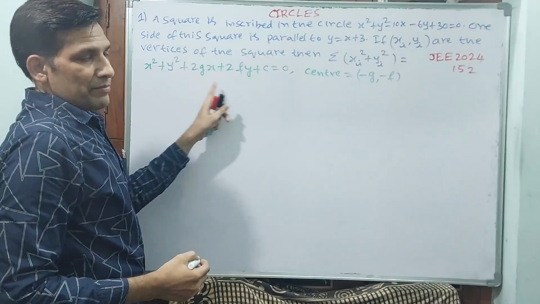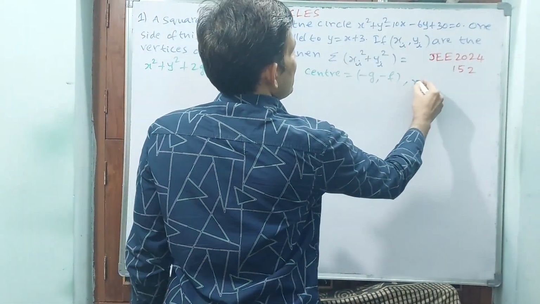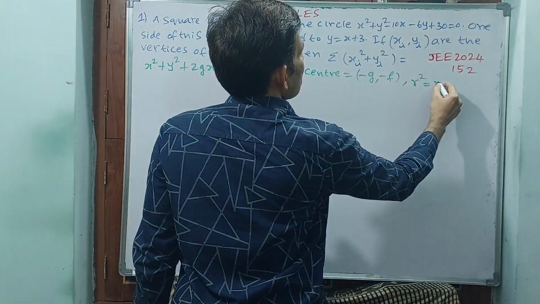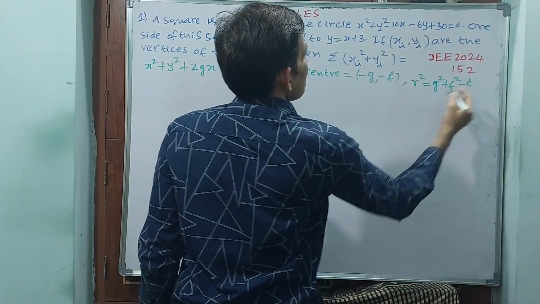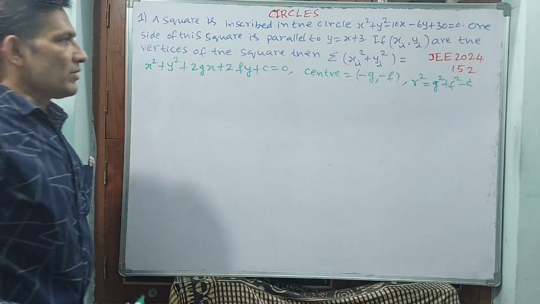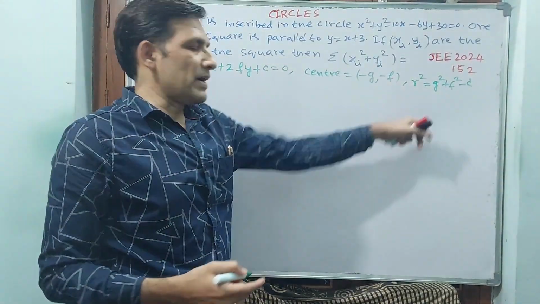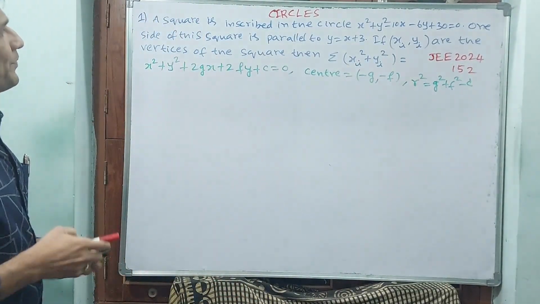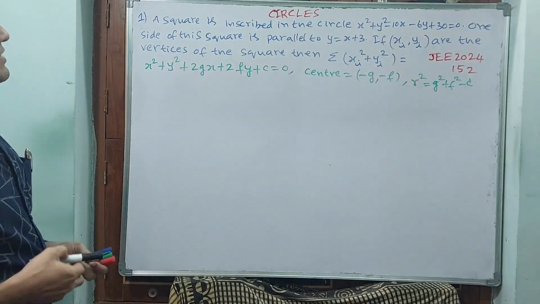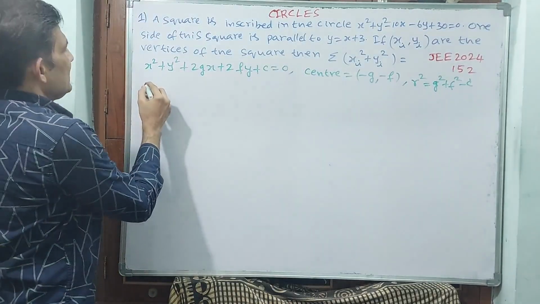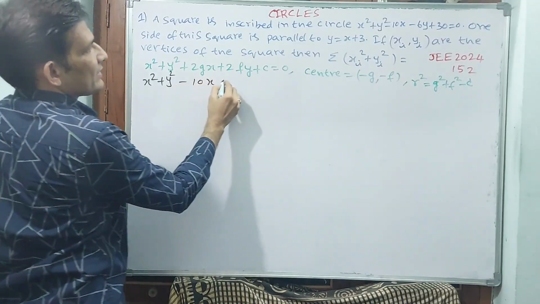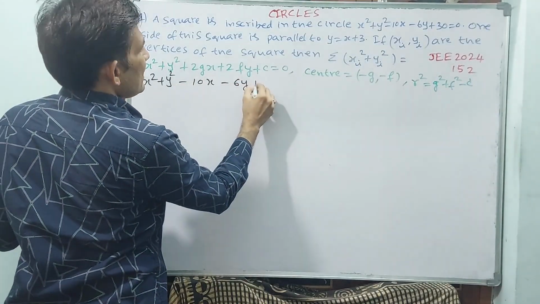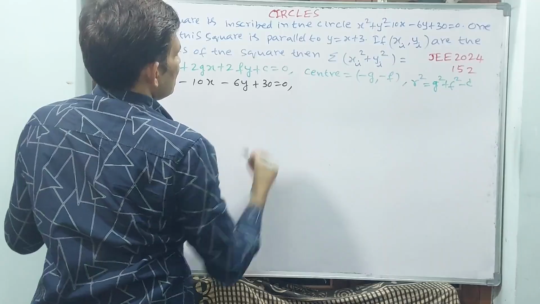G and f will come from here, and the radius square is equal to g square plus f square minus c. This constant. Okay, so the radius also we can find. R is radius. Now again I am writing that equation beneath this for comparison: x square plus y square minus 10x minus 6y plus 30 equal to 0.